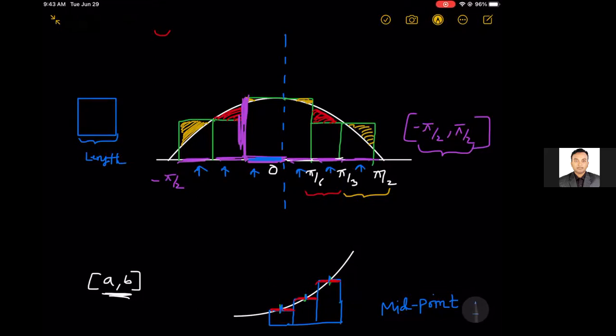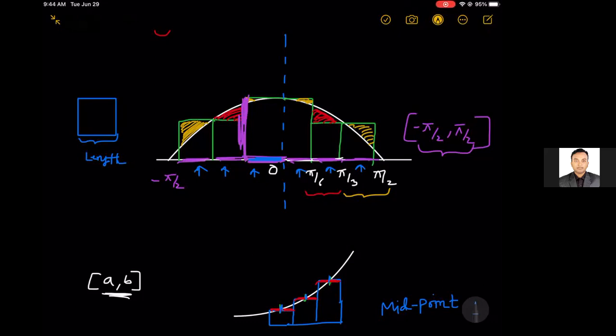Can you see that? For finding the area of those rectangles, you need the length of those rectangles, or in other words, you need to know the length of those subintervals. That's why I keep saying that we need the length of the subintervals.